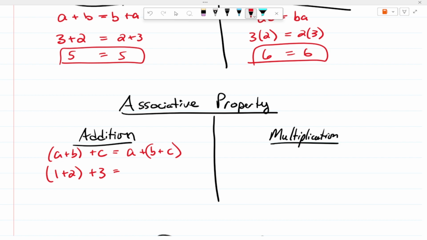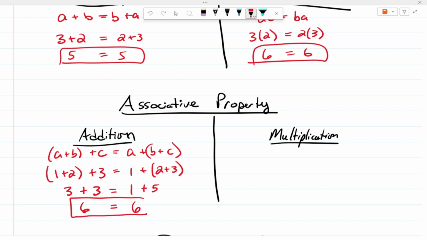Well, 1 plus 2 is 3. 3 plus 3 is 6. Now, if you group it in a different manner, notice here we have 2 plus 3. We got to do that first, so that's going to be 5. But 1 plus 5 is also 6.